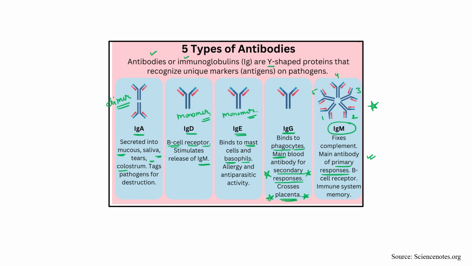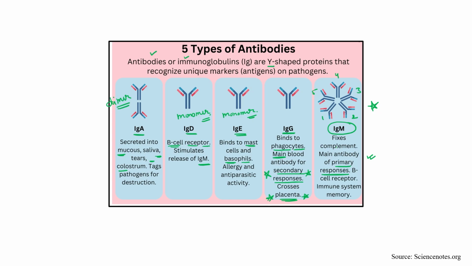The concentration is low, but a single antibody is able to bind with 5 antigen molecules very quickly. That's why IgM acts as the main antibody during the primary response.